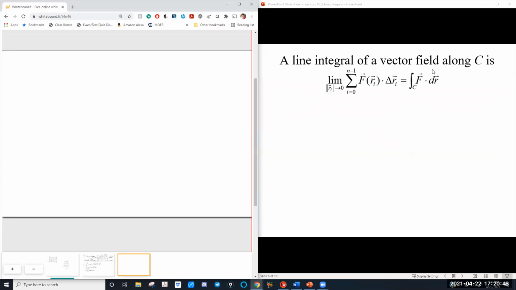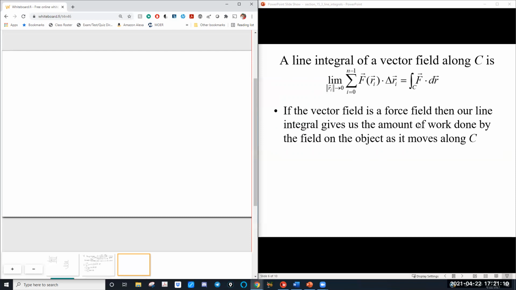So here's our formula for the line integral. Everything comes from this. F is a vector field, and C is our path. And dr is going to come from the parameterization of our path.